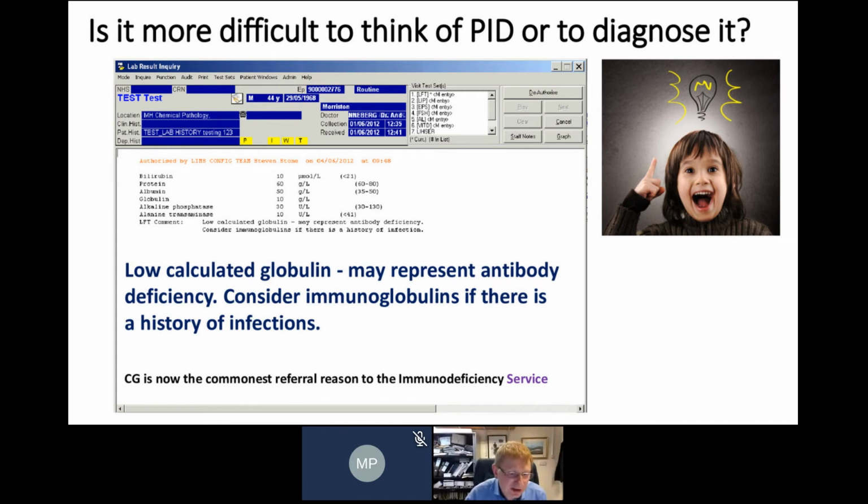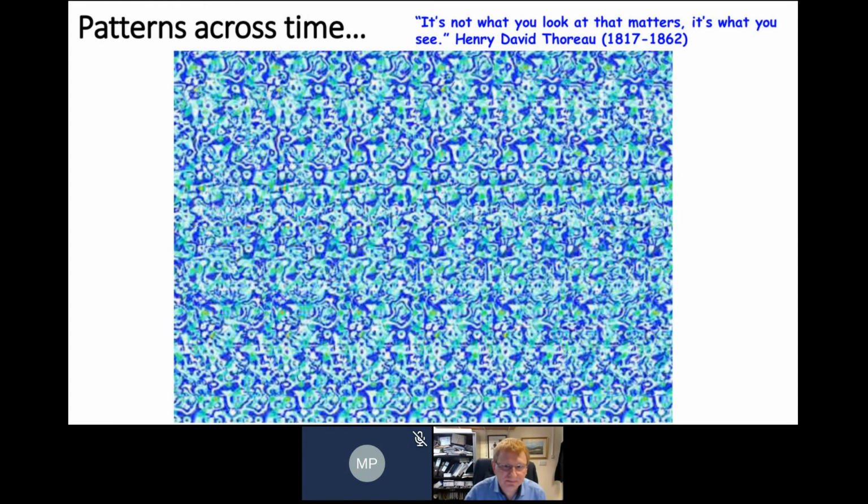And so this was in feedback from primary care, who said, we want to know what it means and we want to know what we do about it. I thought that was a fair comment. So now I would say low calculated globulin is the commonest reason for referral to our service, because they're being picked up across the whole of Wales.